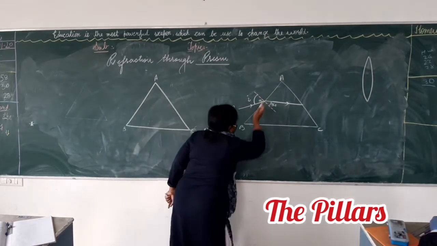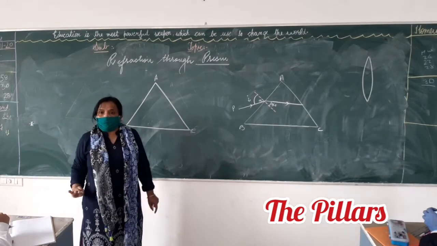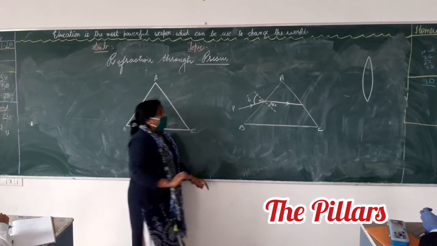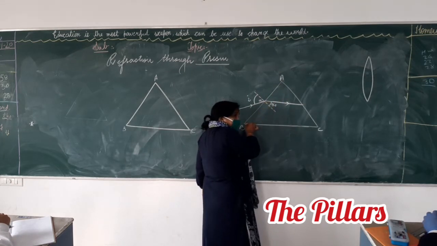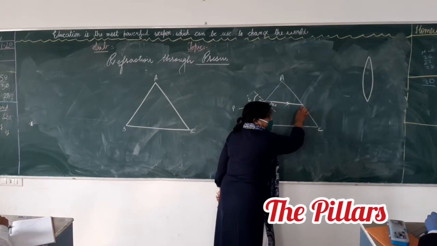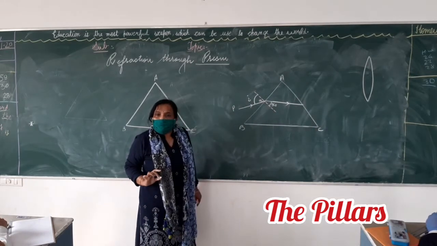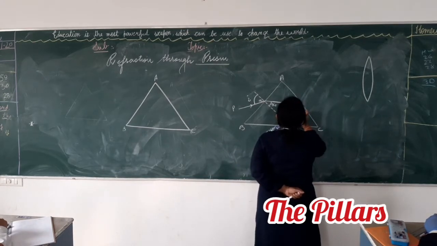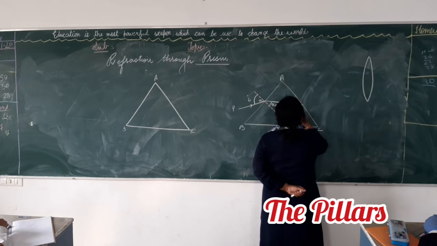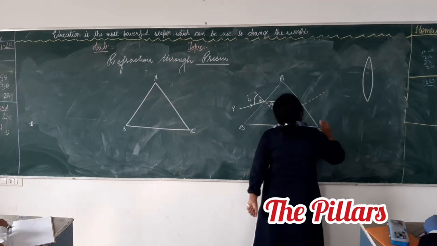On this interface AB, after undergoing refraction, this light ray is incident on the second interface AC. Again we draw the normal.